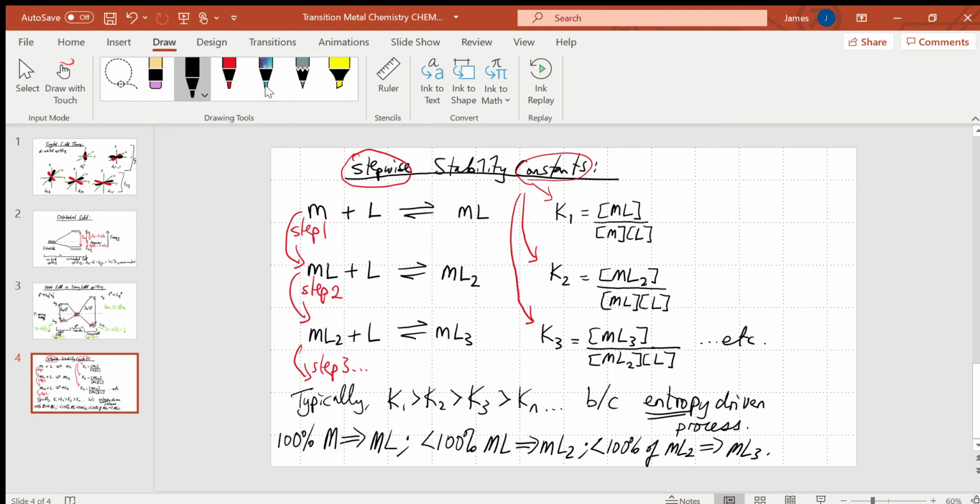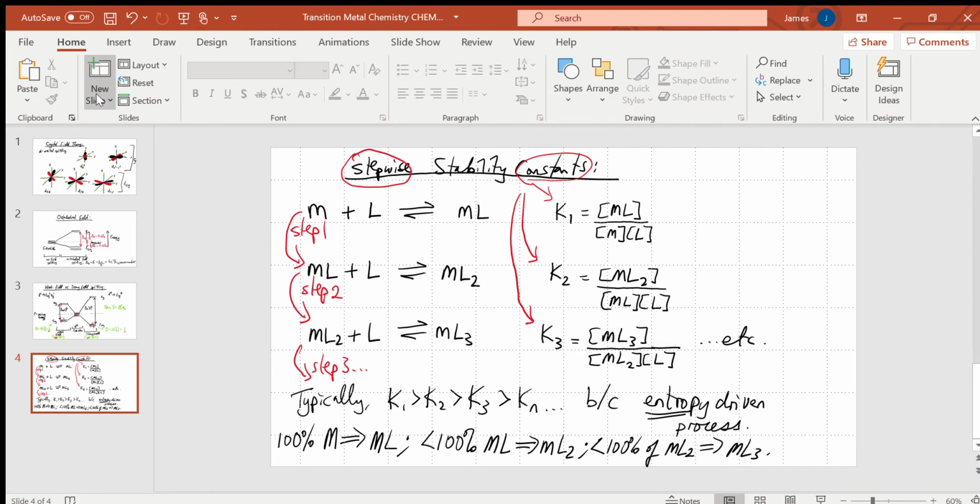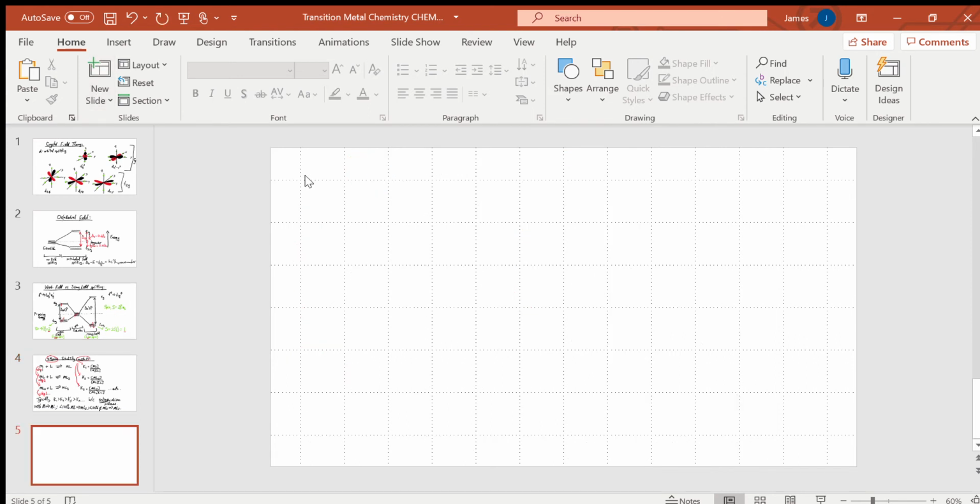We can have an overall stability, so rather than stepwise, we can have an overall stability constant. Let's have a look at that. So we can have overall stability constant.